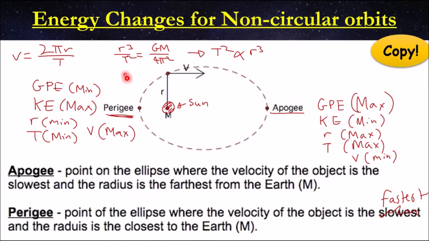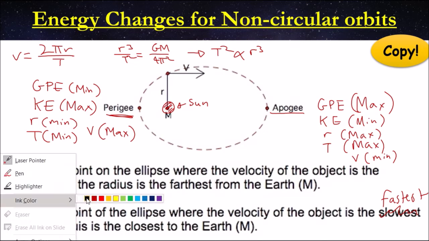As a consequence as well, because r is at its smallest, our gravitational potential is at its smallest, and our kinetic energy is at its largest, based on the formulas that we have.